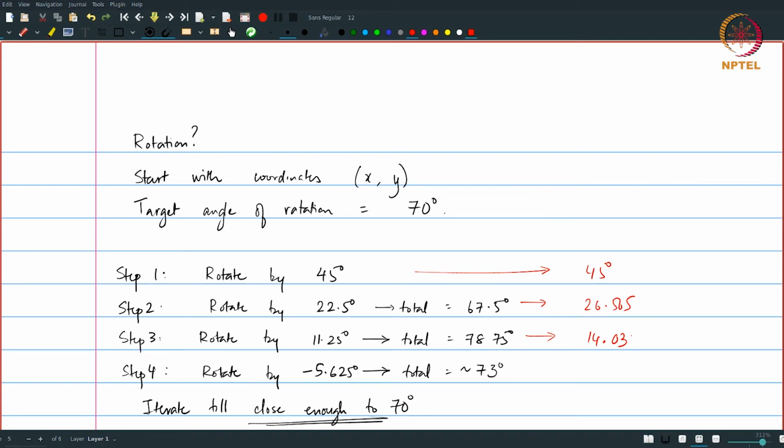Would I still be able to get the same kind of convergence to the final angle that I had in the previous case? It turns out that yes, you can, because after all, the angles that we are rotating by are always greater than or equal to the half of the previous angle that we considered.